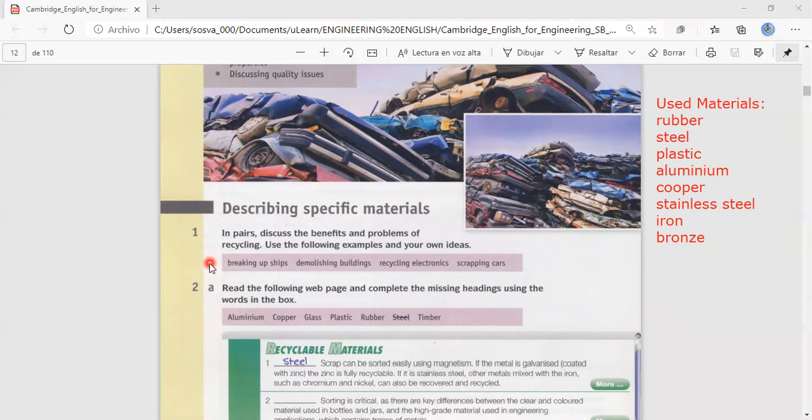Well, I want to start with scrapping cars. Scrapping cars is for us, I think, talking about the social people is important, but I think the benefit is so much because we don't have a big population of cars in the city, and it's important also to reduce the quantity of traffic in the avenues around the city.